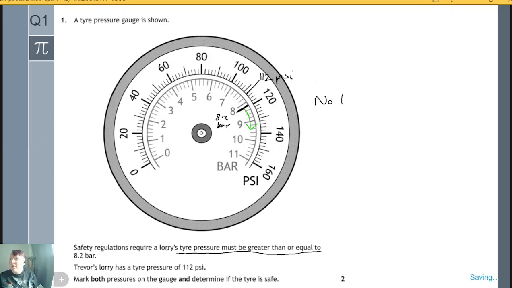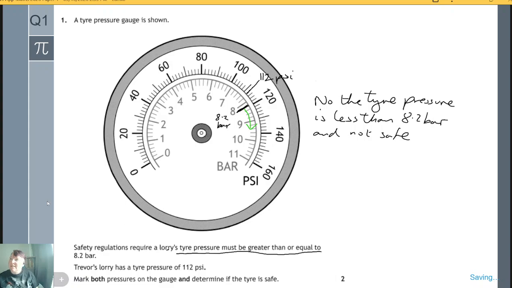No, the tyre pressure is less than 8.2 bar and not safe.